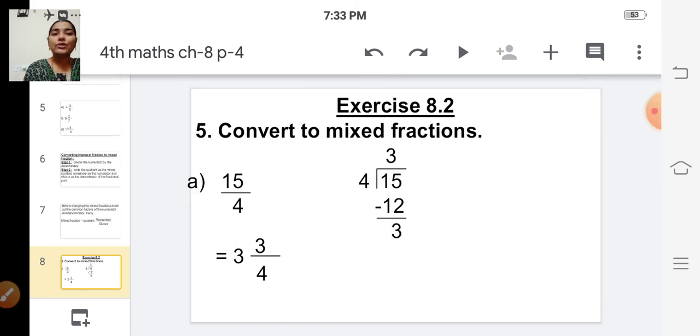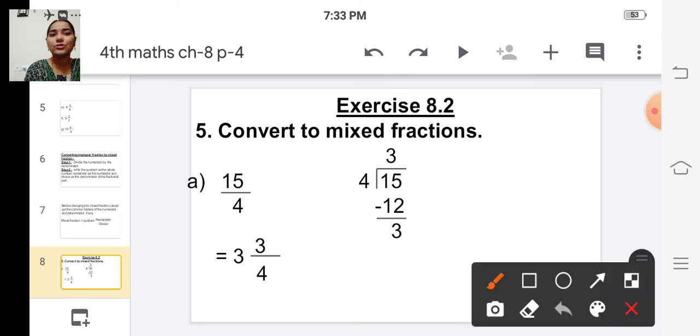Exercise 8.2, fifth problem, convert to mixed fractions. They have given improper fractions, so we are going to convert them to mixed fractions. 15 divided by 4. There are no common factors, isn't it? So we can directly divide 15 by 4 using long division method. How many times will 4 go? 3 times. 3 4s are 12.